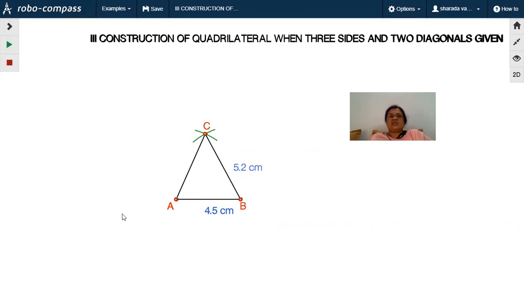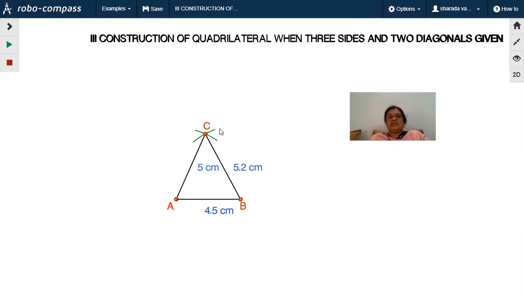So this is a triangle when three sides are given, side property. See here. First you have to draw a line segment AB with 4.5 centimeters, and then with center B and the radius 5.2 centimeters, you have to measure in your compass.